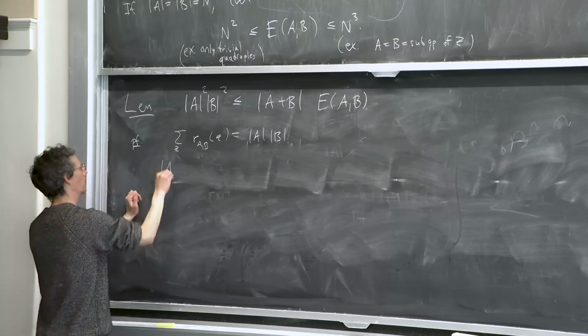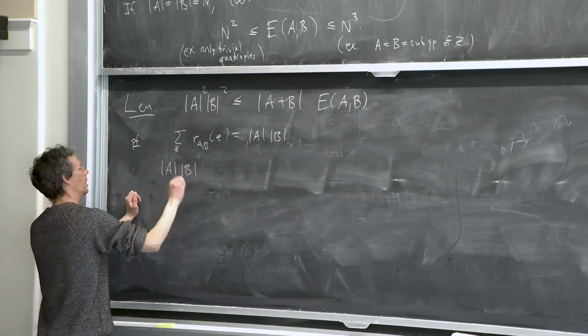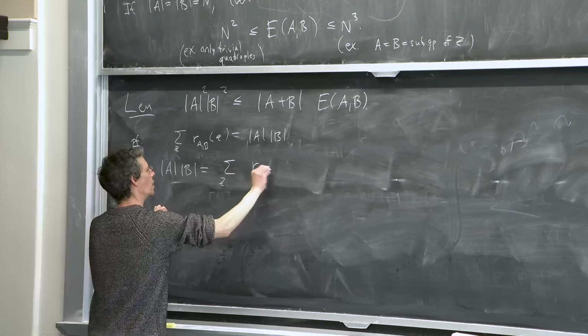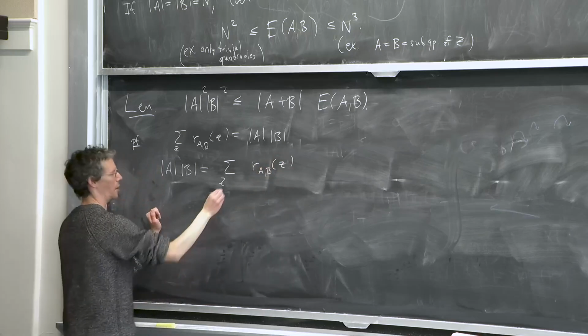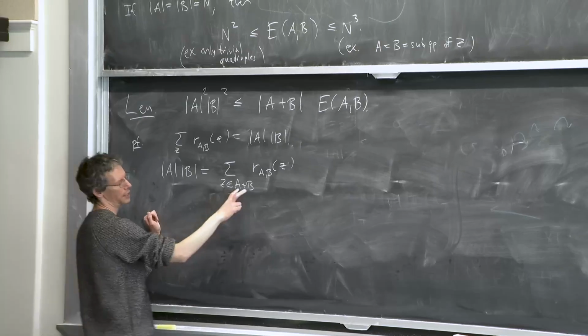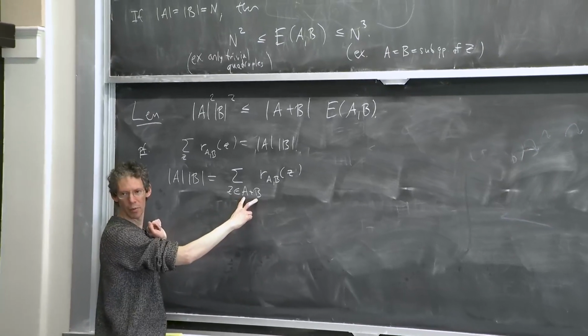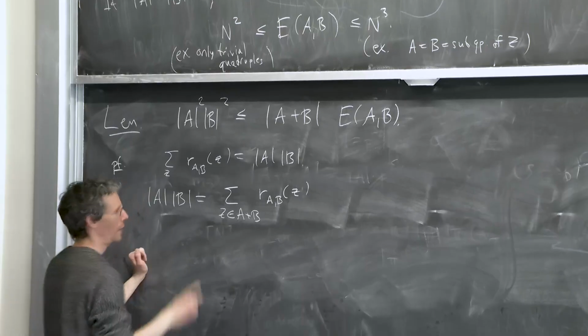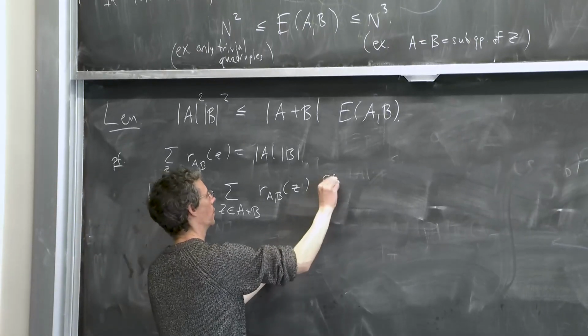So now the size of A times the size of B is the sum over Z of R_AB of Z. And in this sum, I only need to count the elements in A plus B, because if Z cannot be written as a plus b at all, it means that this was 0. Now I apply Cauchy-Schwarz.